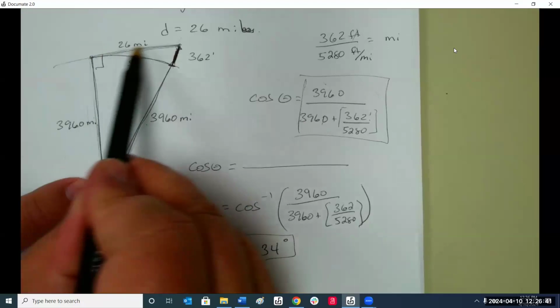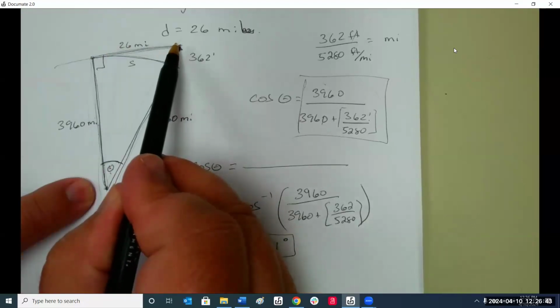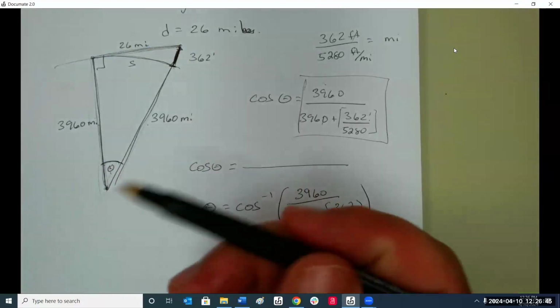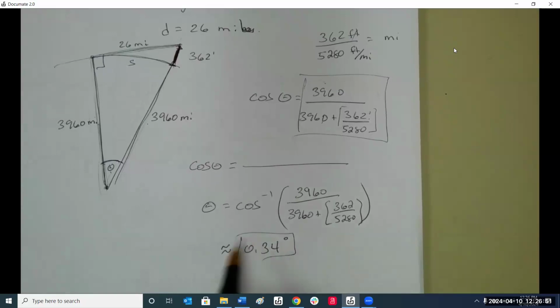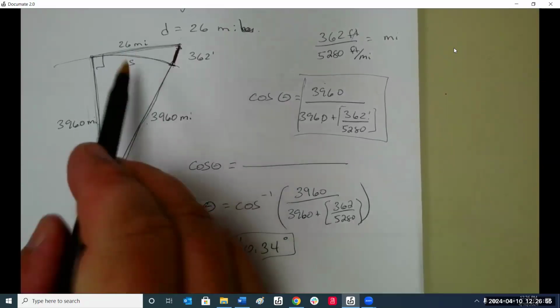This is just a small speck of 3900. It's one hundredths that much. So yeah, 0.34 degrees sounds about right. So we can figure out there, this is our angle. Let's say 0.34 degrees. How do we figure out the distance here?